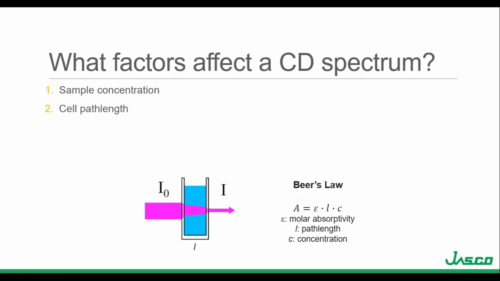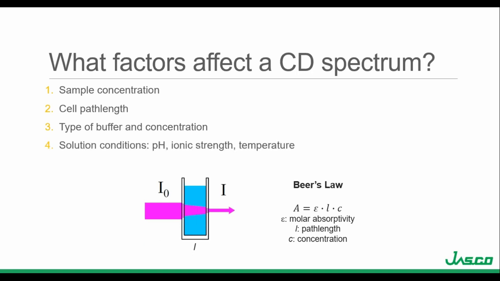Since CD is an absorption technique, which is based on Beer's law, where A is the absorbance, epsilon is the molar absorptivity constant, L is the cell path length, and C is the chromophore concentration, the amount of light that's absorbed by the sample is going to be dependent on the concentration and path length, and is therefore critical to obtaining accurate CD data. The type of buffer and buffer concentration are also going to affect the CD spectrum, as well as the solution conditions such as pH, ionic strength, and temperature.